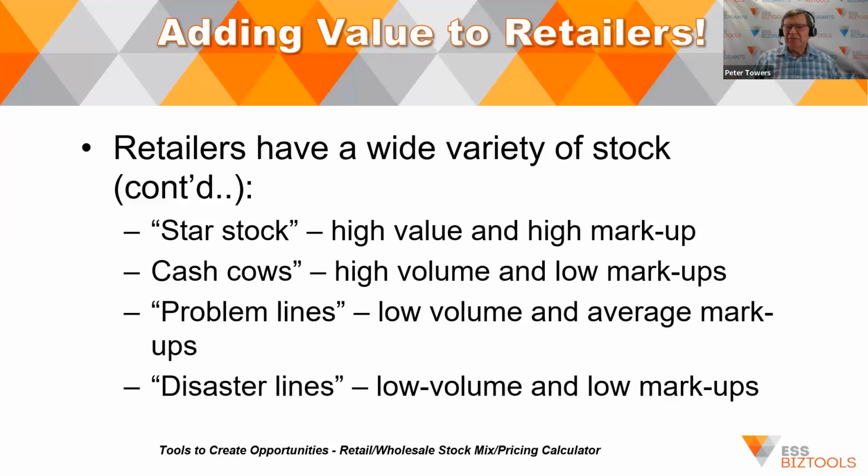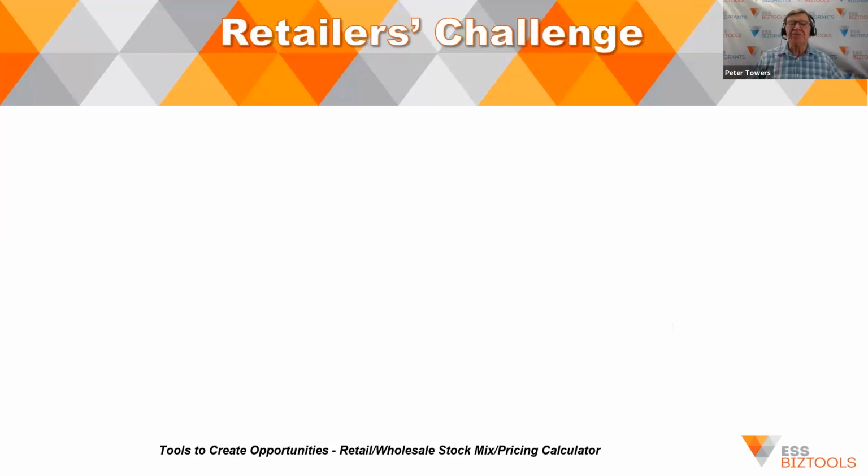We can't even give these things away." We tried. So what had happened, when we inquired, was that someone had ticked automatic reorder. So when it got down to only 2 left, the computer ordered another 24 for them. So you need to be careful of that. So they were disaster lines, low volume, low markup. Your clients had better try to get rid of those products as soon as possible.